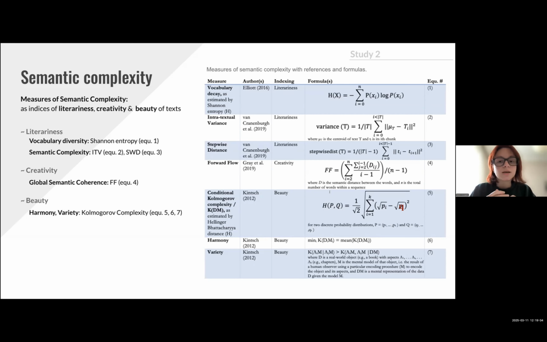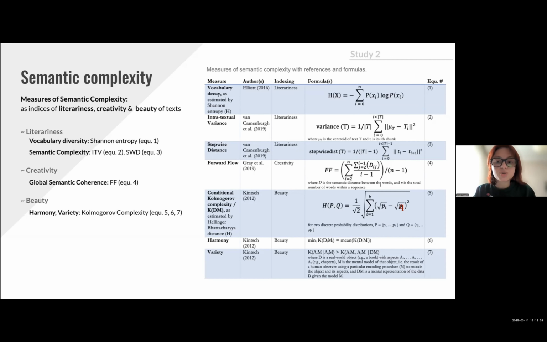To put it as simply as possible, literariness is assessed through three key measures: vocabulary decay and two measures of semantic complexity. Vocabulary decay is estimated by Shannon's entropy, which uses token probability to calculate vocabulary diversity and captures how rich and varied a text's lexicon is.